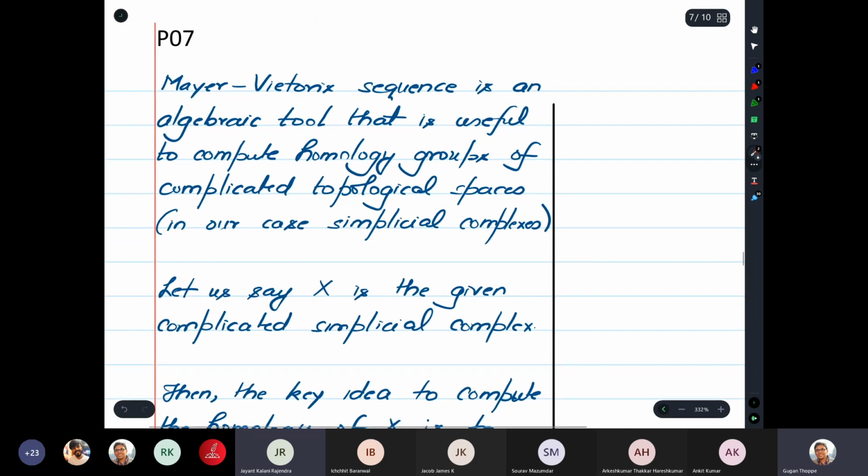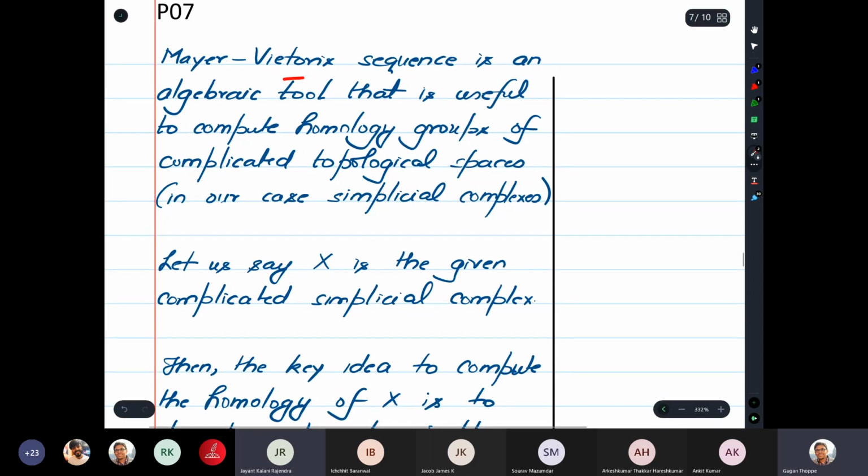So we will be focusing on simplicial complexes, and this sequence is going to help us figure out the homology spaces associated with these complicated simplicial complexes. Okay, so that's how it is going to help us.